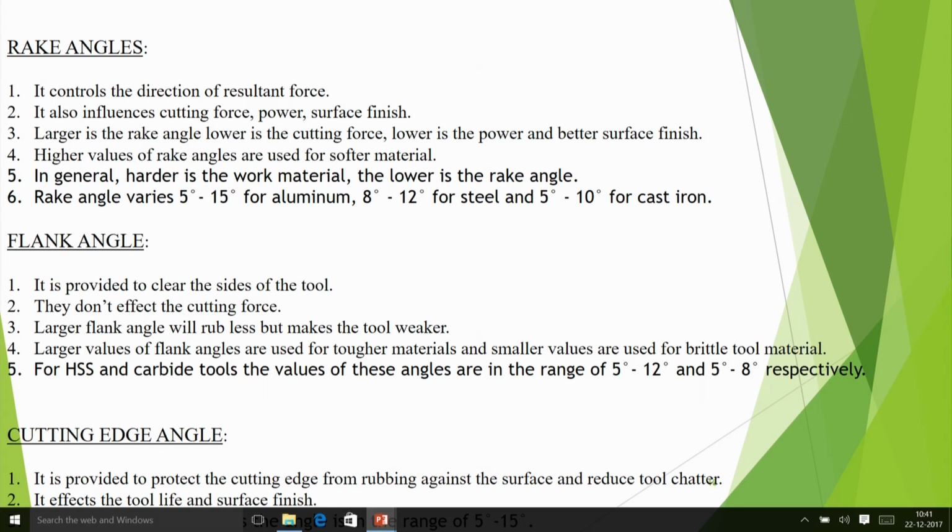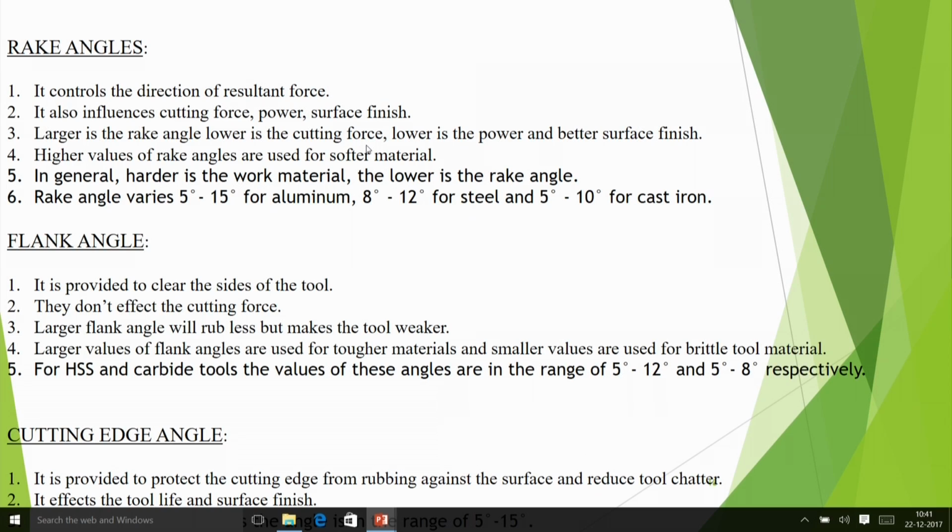Now, in this slide, we will discuss what are the effects of the various rake angles based on textbooks that I am explaining. Rake angles, whether it is side rake angle or the top rake angle, basically it controls the direction of resultant force. It also influences cutting force, power, surface finish.